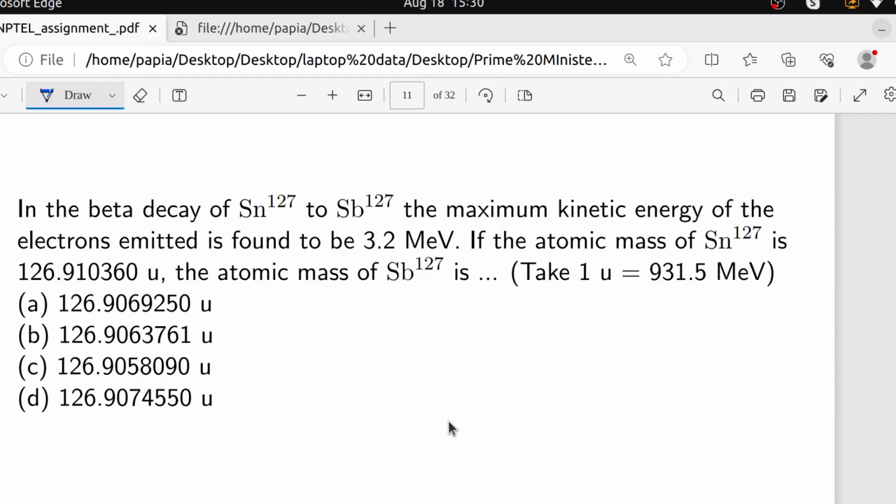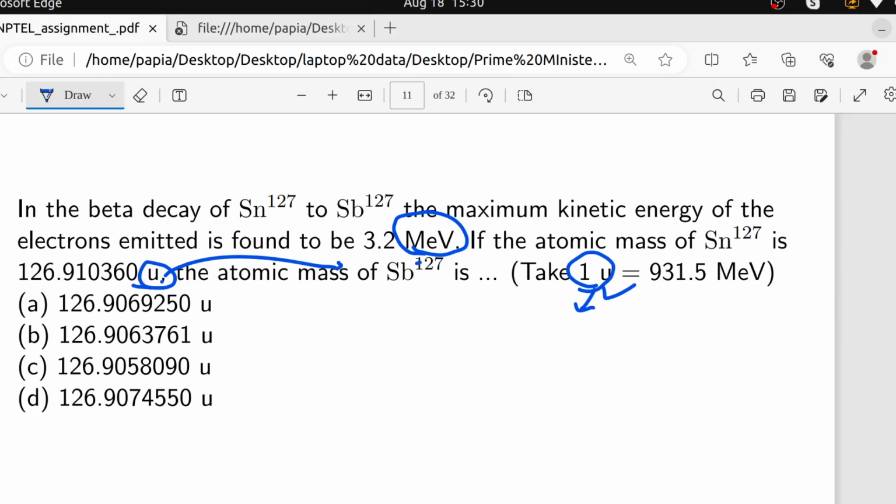You can see here the units are different: one is in AMU for Sn, and the emitted electron kinetic energy is in MeV. So we have to convert these two into a single unit, that means u to MeV or MeV to u, so that the full expression will be consistent. Now coming to the expression here.